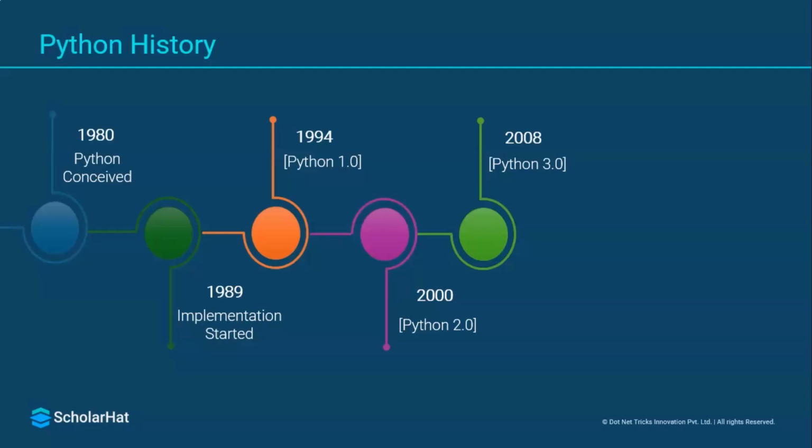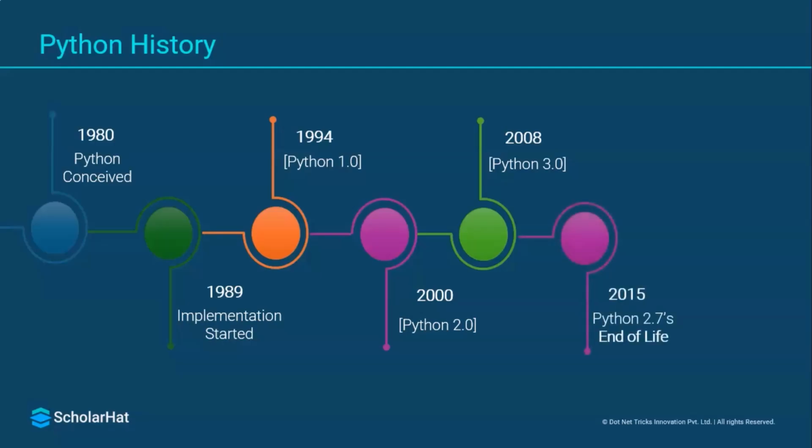Python 3 was not backward compatible with Python 2. Some changes in syntax and standard libraries were not compatible with Python 2.0. Some key improvements like the print function, integer division, better Unicode support, and modern library changes were introduced.